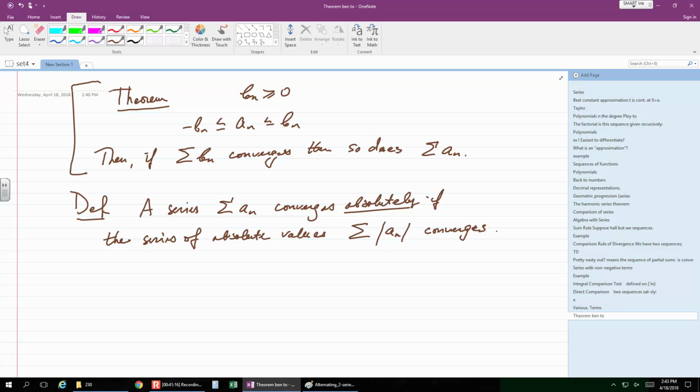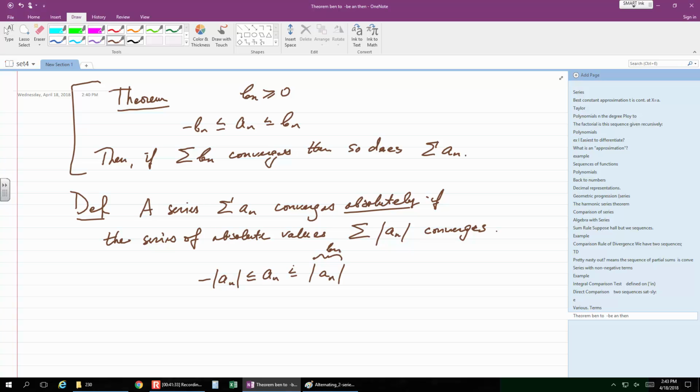So how does it apply? Whatever a_n is, we have a_n lies between negative absolute value a_n and the positive absolute value a_n. So that's what my b_n is. It is the absolute value of a_n.